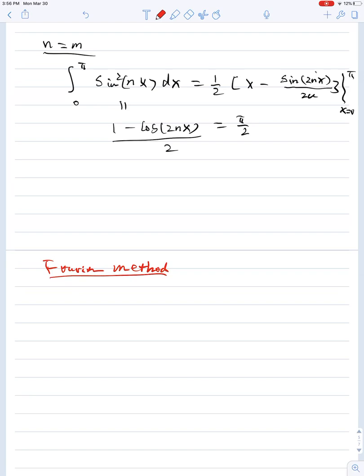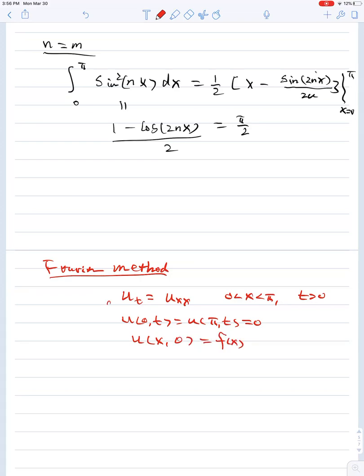We want to solve this heat equation on the interval from 0 to pi, and the boundary condition is that the temperature at the endpoints is 0, and the initial condition is given by the initial temperature f(x).